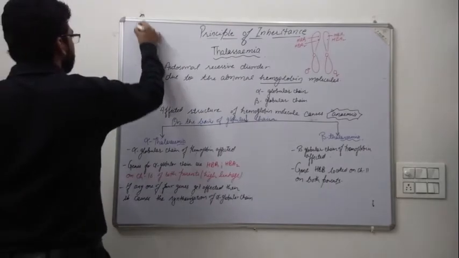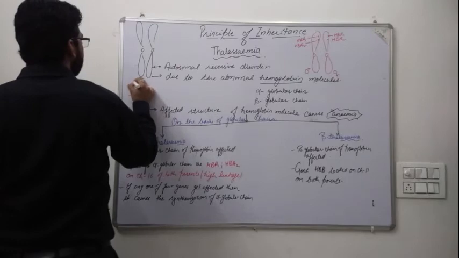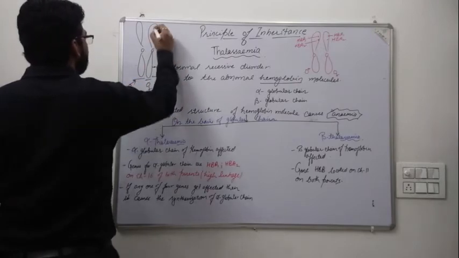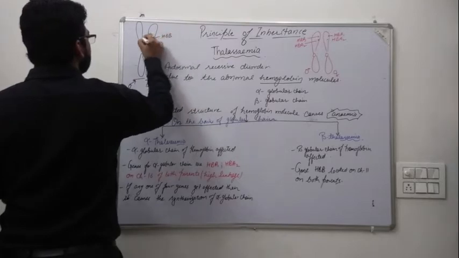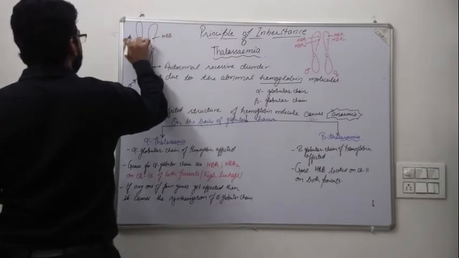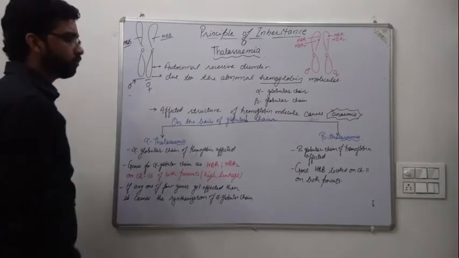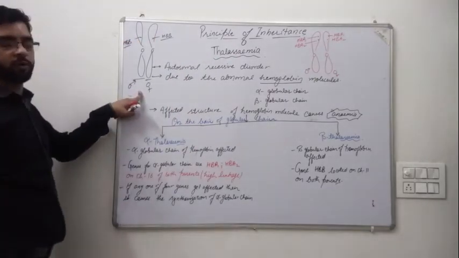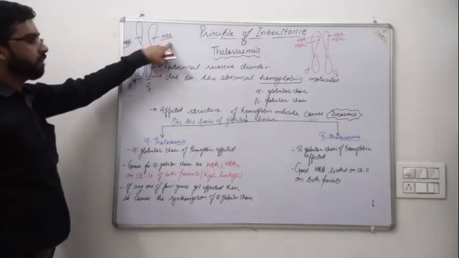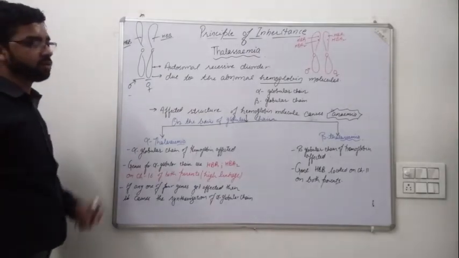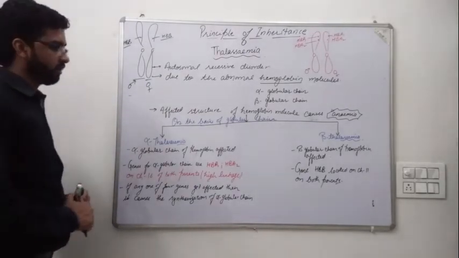It's from the father side, and from the mother side. Because they are located on homologous chromosomes, they are considered as 2 genes here. Out of 2, if any one is affected, then it affects the synthesis of the beta globular chain here.